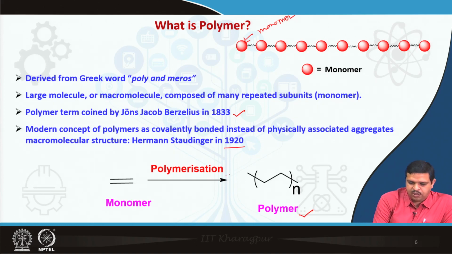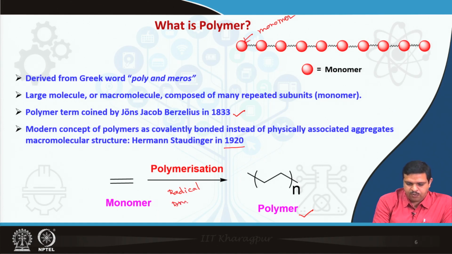So, we will discuss in the following classes how a polymer can be formed from the monomer. There are different procedures for polymerization, radical polymerization. I am sure some of you who have taken the basic polymer course already know.